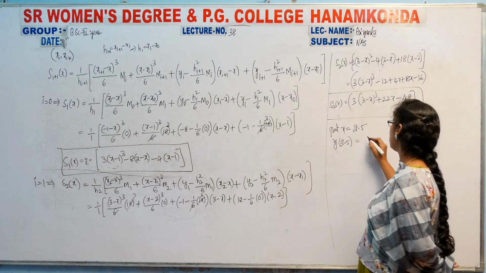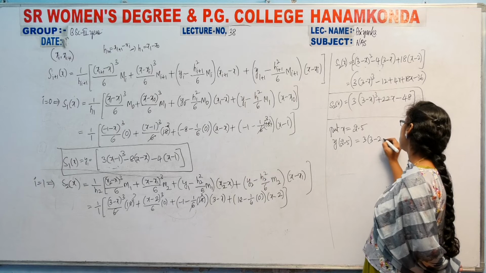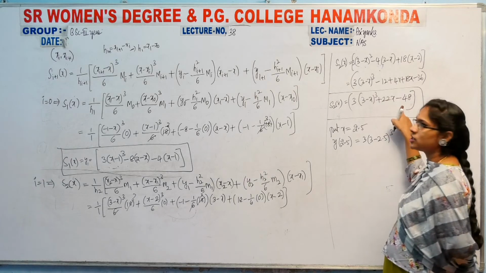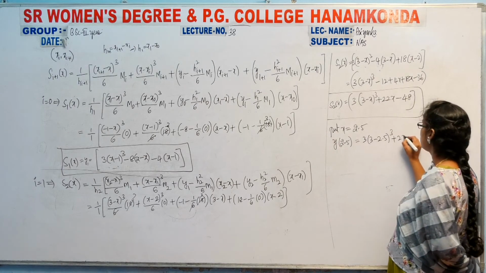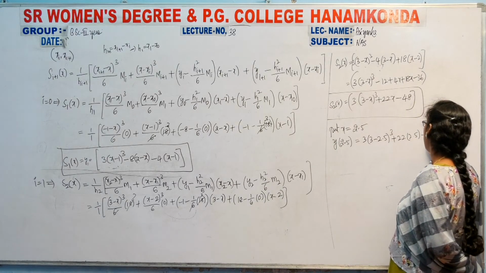I am taking this one, simply 3 of (3 minus 2.5) whole cube plus 22 into 2.5 minus 48, because there are fewer terms here.